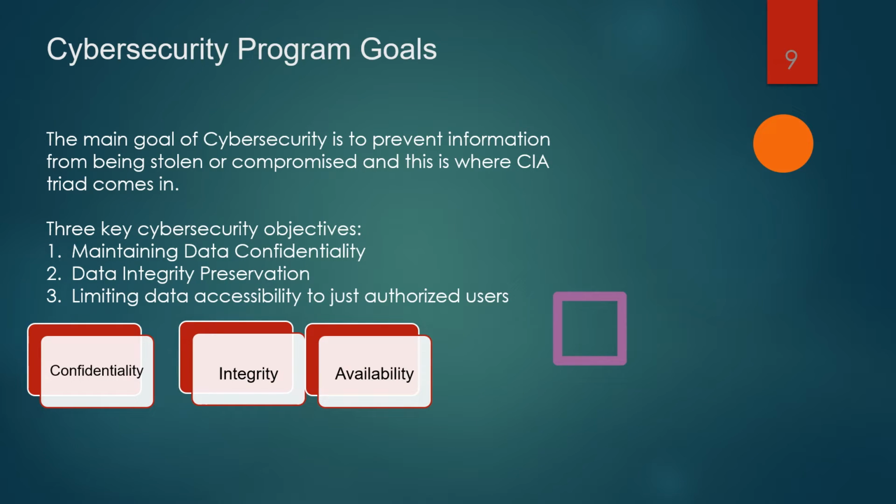And we have the cybersecurity program's goals. The main goal for a good cybersecurity program is to prevent information from being stolen or compromised. And this is where the CIA triad comes in: three key cybersecurity objectives.